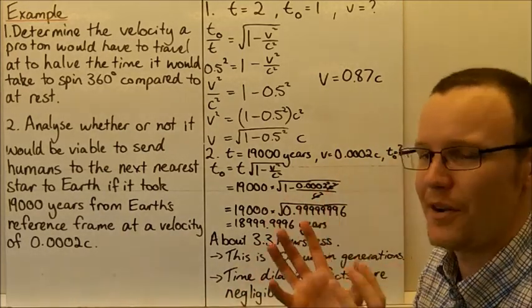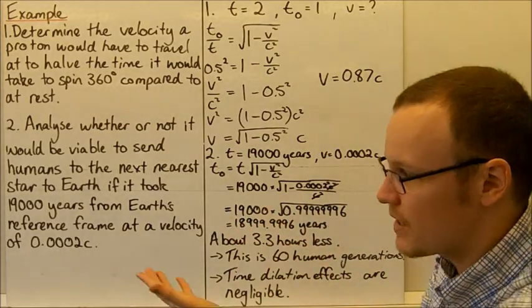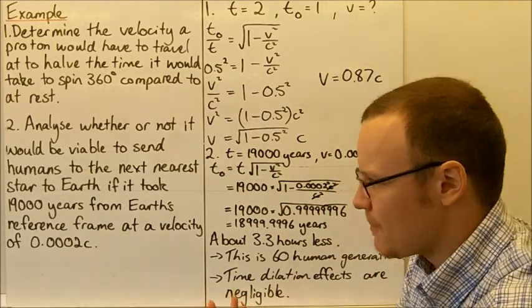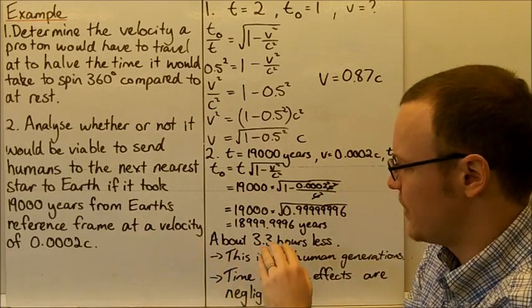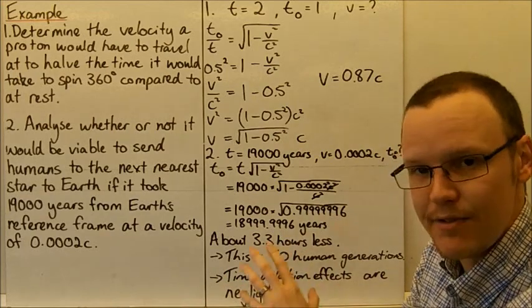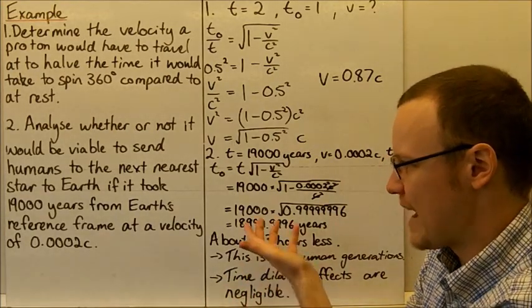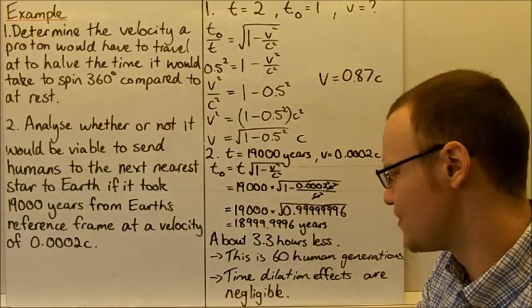So at this relatively low velocity, it's still many thousands of kilometres per hour, but because it's not anywhere near the speed of light, the actual effect that the time dilation has is very, very low. In fact, 3.3 hours in 19,000 years is a very, very small percentage.